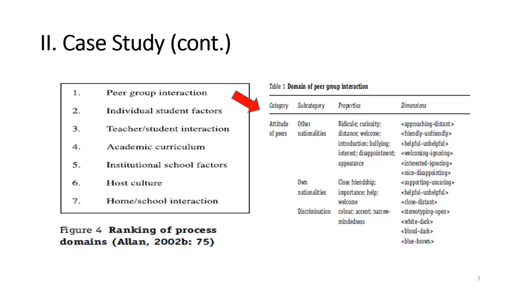What it was like starting school and those social situations. That's what you'll hear in the remainder of the article. The focus is on that one domain, peer group interaction. If you take a look at table 1, you'll see that that domain is broken up with more specifics. So at your leisure, please take a look at table 1.